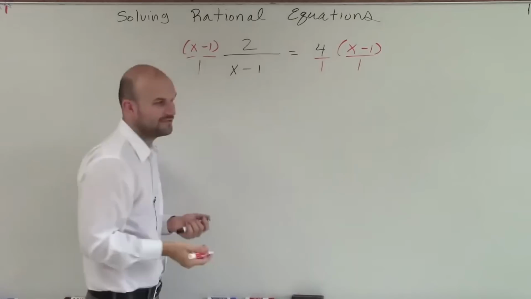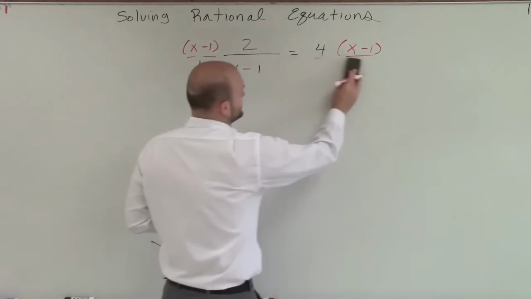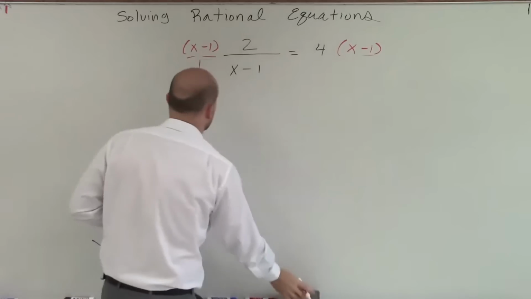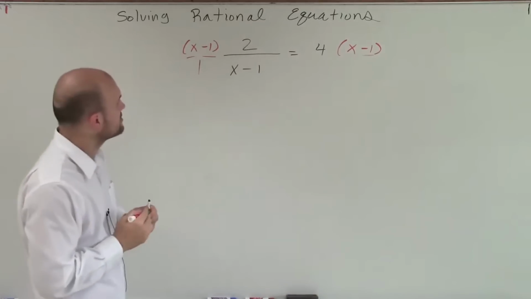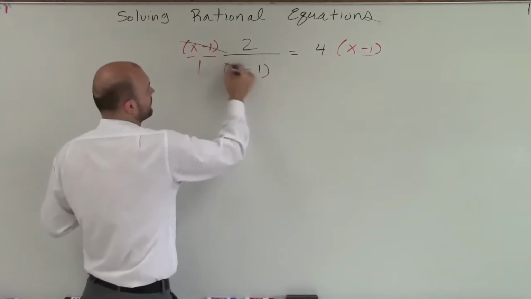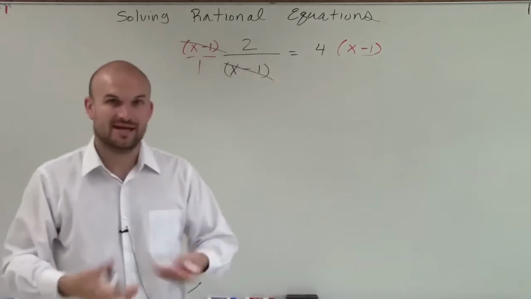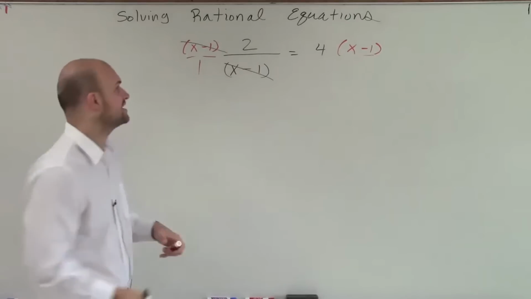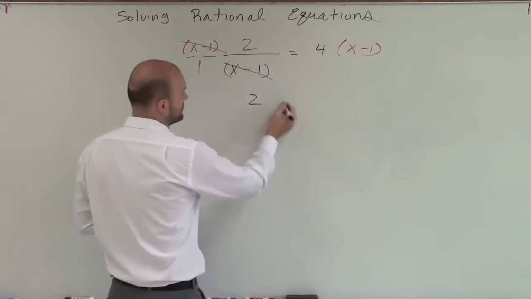Now, you can put those over 1 if you want to, but we should understand that they're just both going to be in the numerator. What's helpful about multiplying by this is that now these are going to divide to 1, because they're the exact same binomials. X minus 1 divided by x minus 1 is just going to give you 1. So that leaves us with 2 equals.